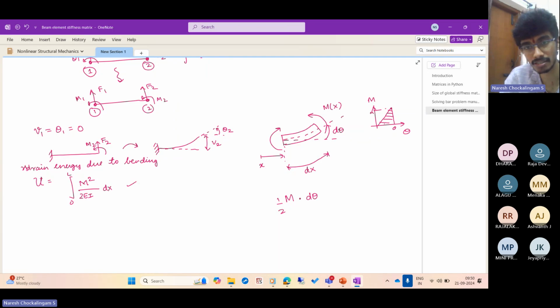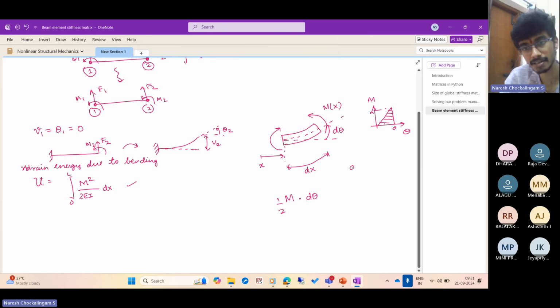So when the rotation is 0, moment is 0, so you cannot multiply it directly. If the moment was pre-existing, then it's just m d theta. But the moment rises from 0 in a linear elastic fashion, so the area under the curve is half of the triangle. Therefore, the strain energy or the work done by this moment is half of m d theta.